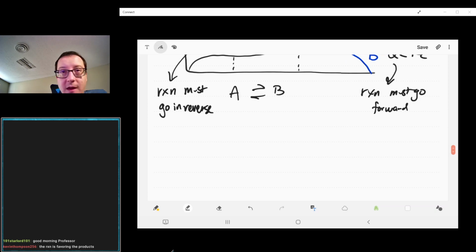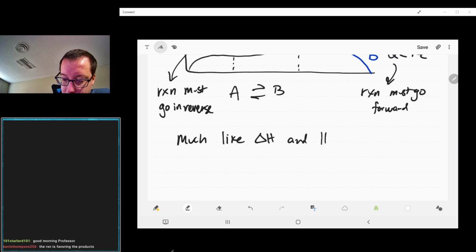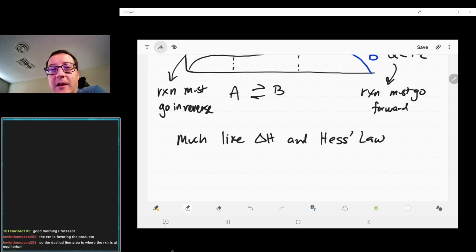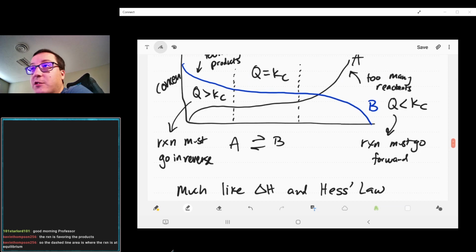Let's just talk about Kc a little bit more, or Kp. We're going to see that much like when we saw that enthalpy could be the dashed line area, if my artistry skills were great, those lines would be slope of 0, straight lines parallel to each other.